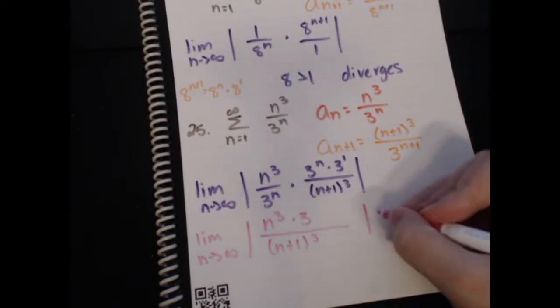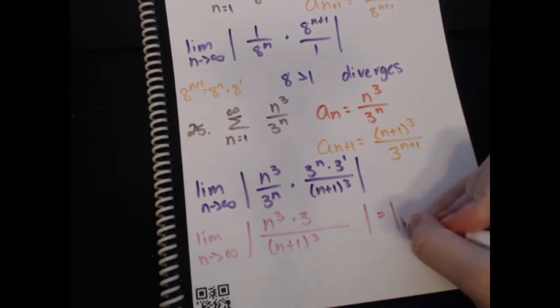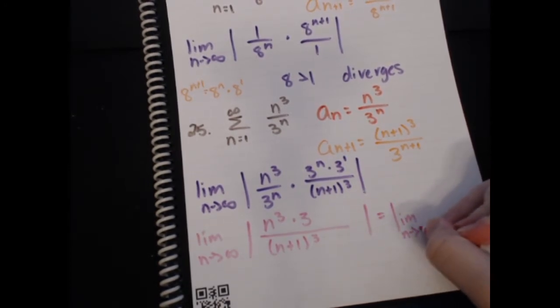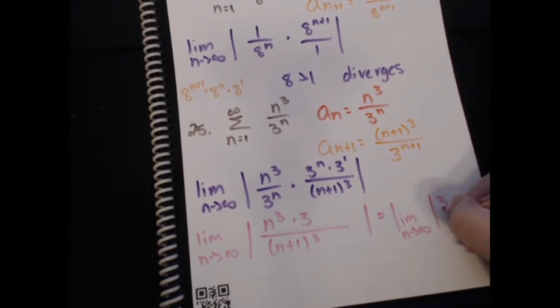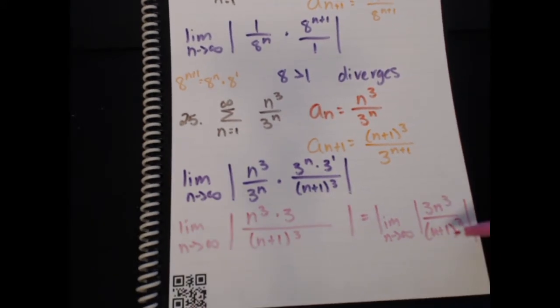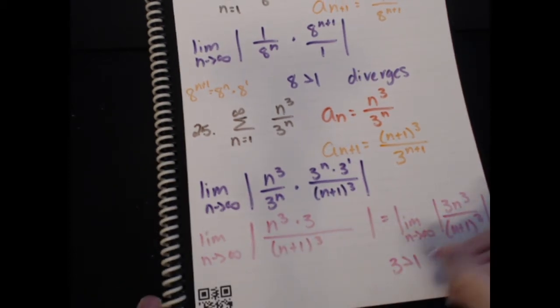So the highest power is going to be n cubed in both cases. So remember when we have that, we just take the coefficients of the n cubed. Here it'd be just 1. So we end up with 3 is greater than 1, so it diverges again.